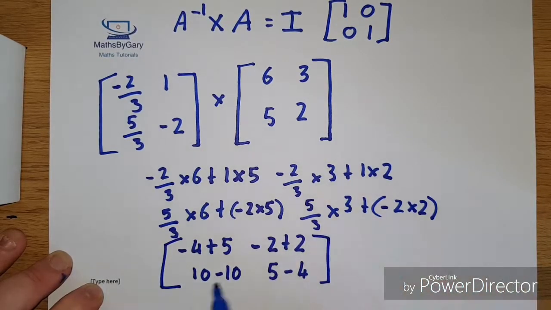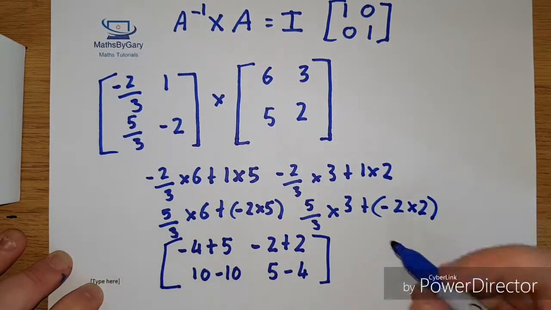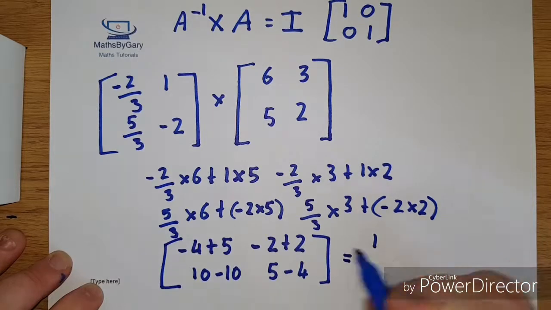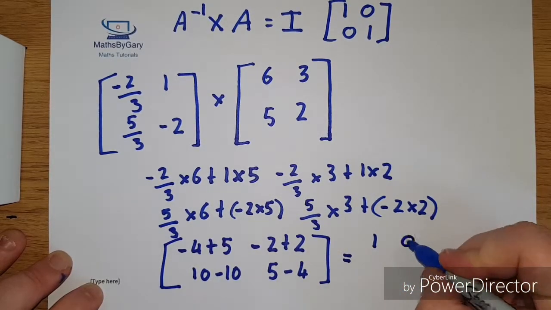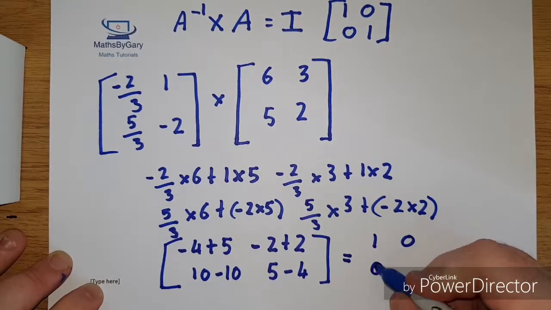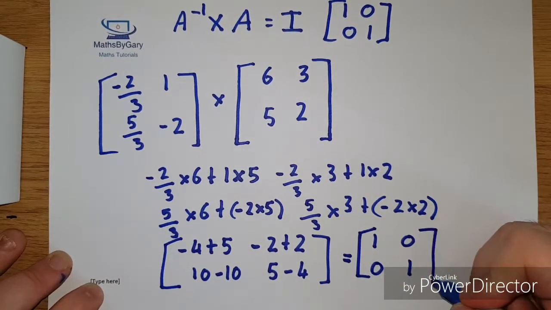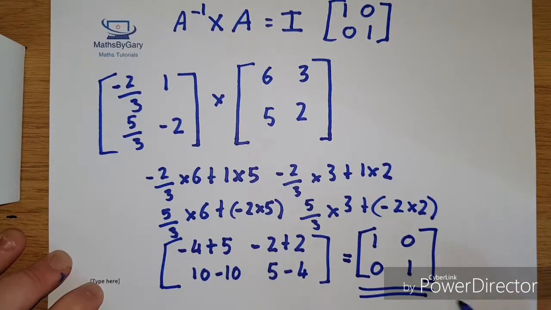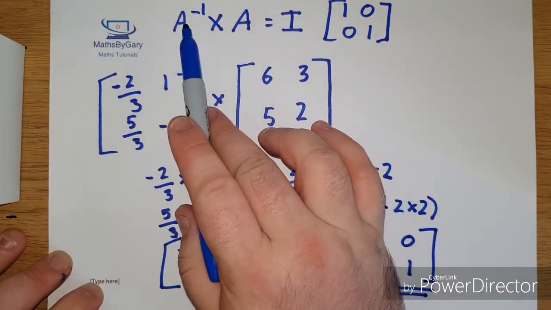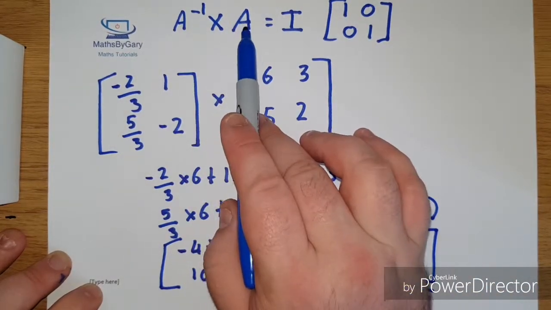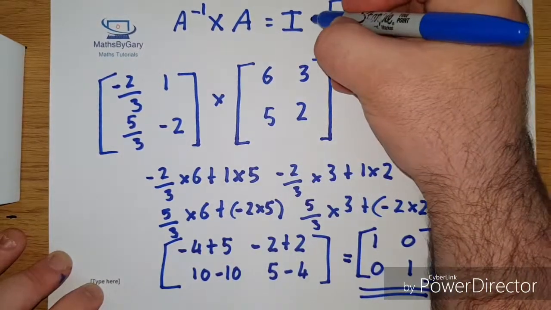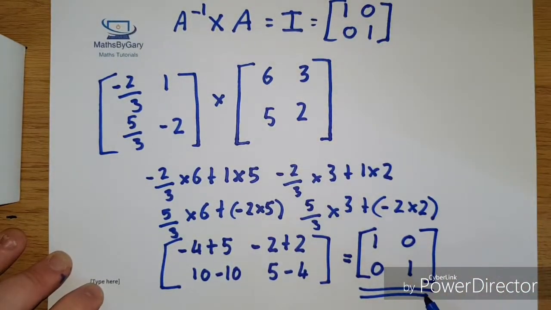So minus 4 plus 5 gives us positive 1, minus 2 plus positive 2 is 0, 10 minus 10 is 0, and 5 minus 4 is 1. As we wanted, we now have the identity. So we know that the inverse multiplied by the original matrix A gives us the identity matrix 1, 0, 0, 1.